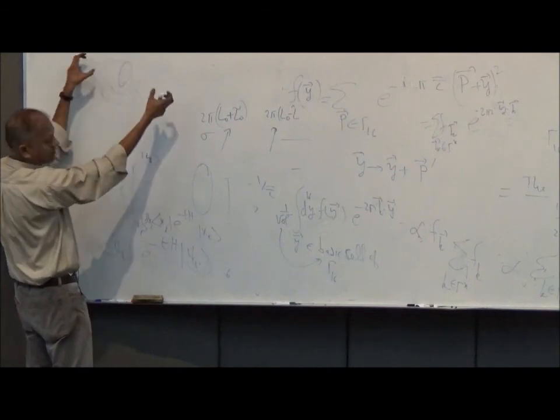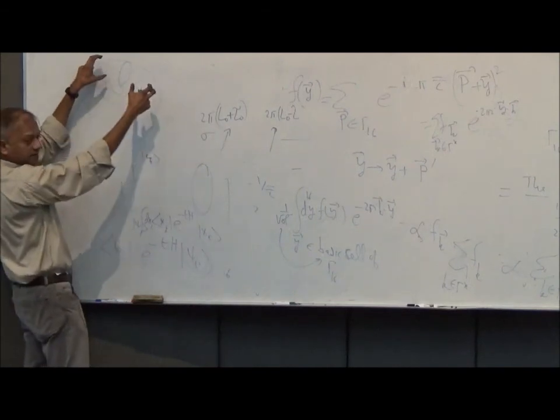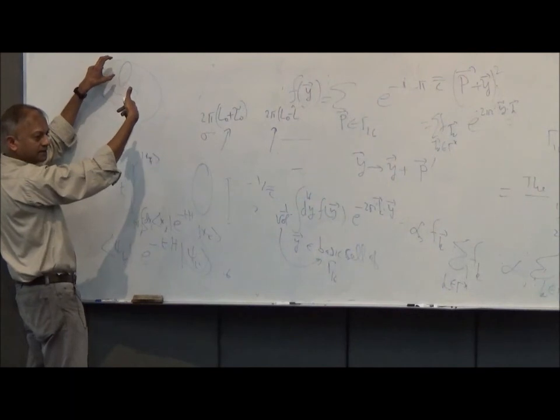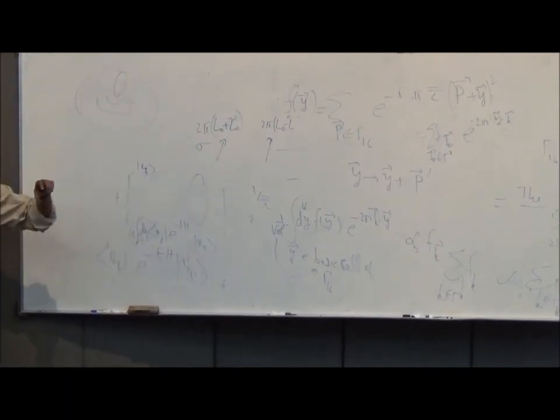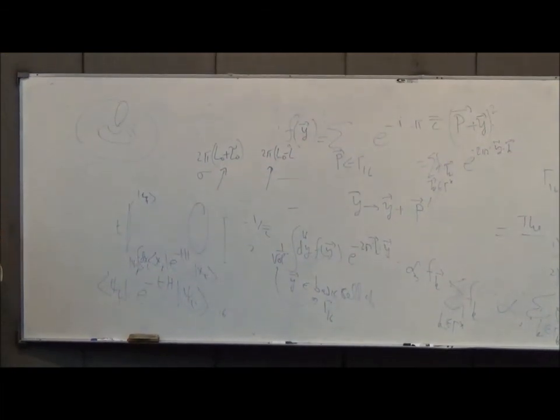You cut open, twist one side by 2 pi, and then rejoin. So it's like a diffeomorphism, but it's not a diffeomorphism which is connected to the identity element. It's a disconnected component of diffeomorphisms.